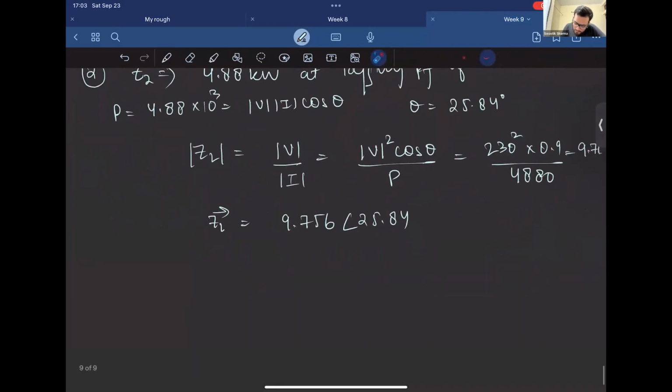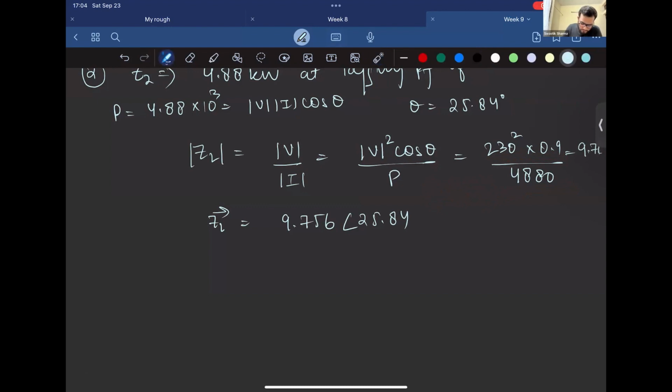From that, mod of V is 230 square into 0.9 divided by 4880, and if you solve this, the answer comes out to be 9.756 only. I don't know where you got it wrong, but that's how you're supposed to solve it.